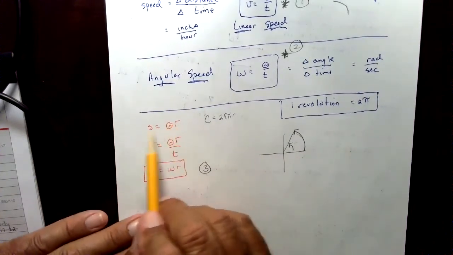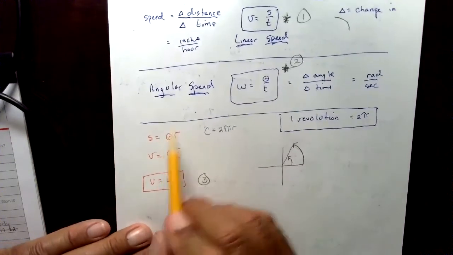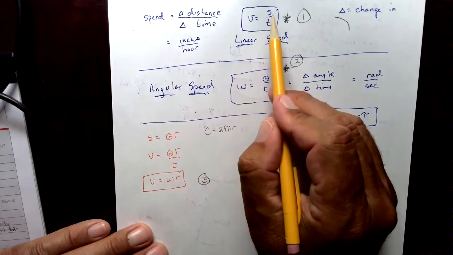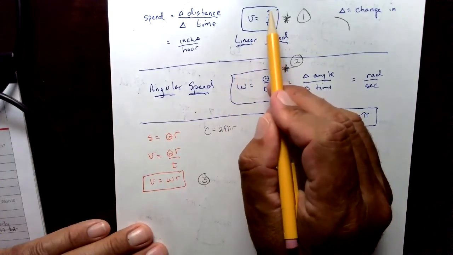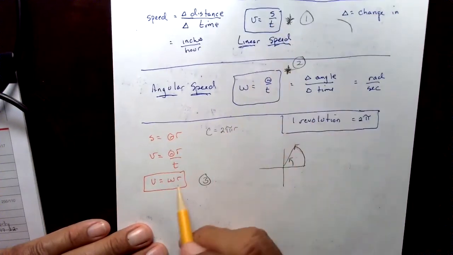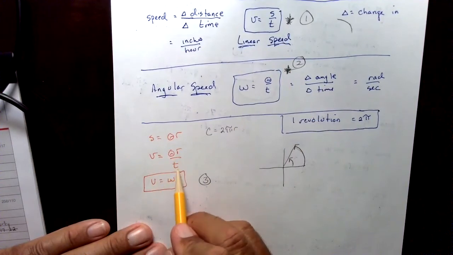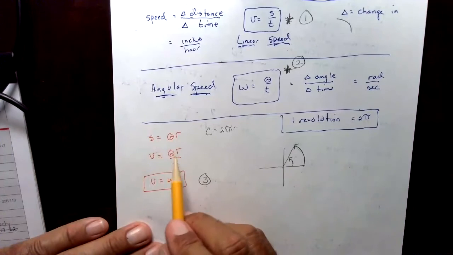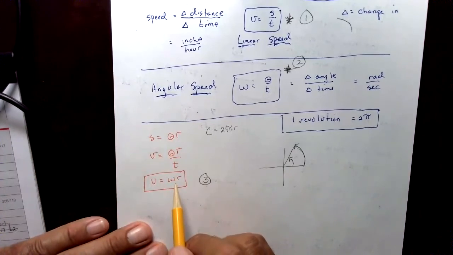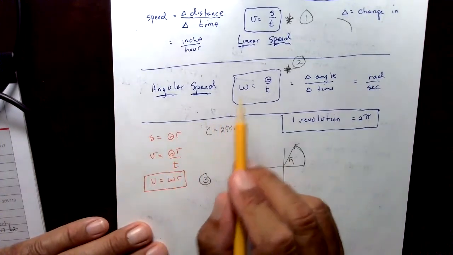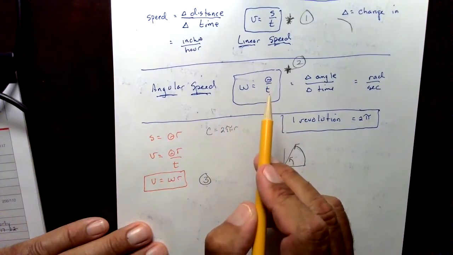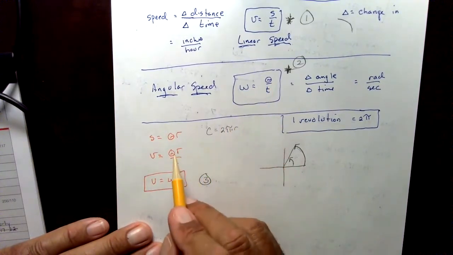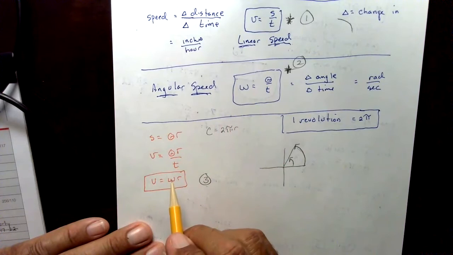Using that, I'm going to take this S equals theta R and substitute it in here. So now I get the formula V equals theta R over T, which is kind of messy looking, but this is just a middle step for the third formula, because I'm going to take theta over T and replace it with W, which is my angular speed.